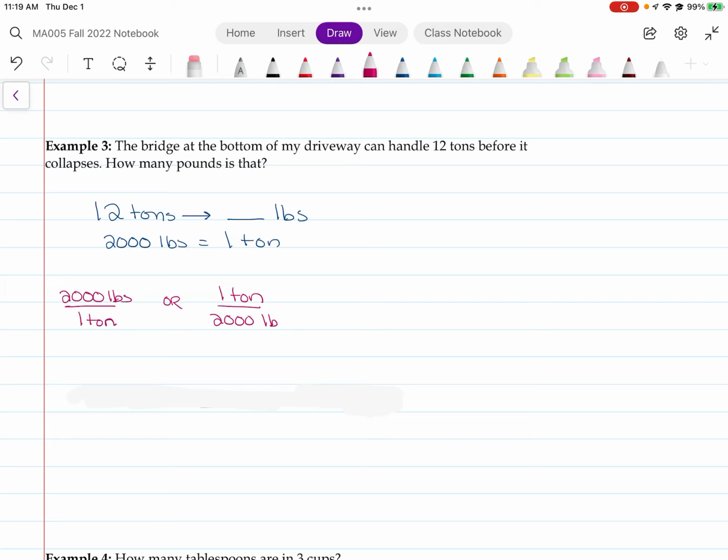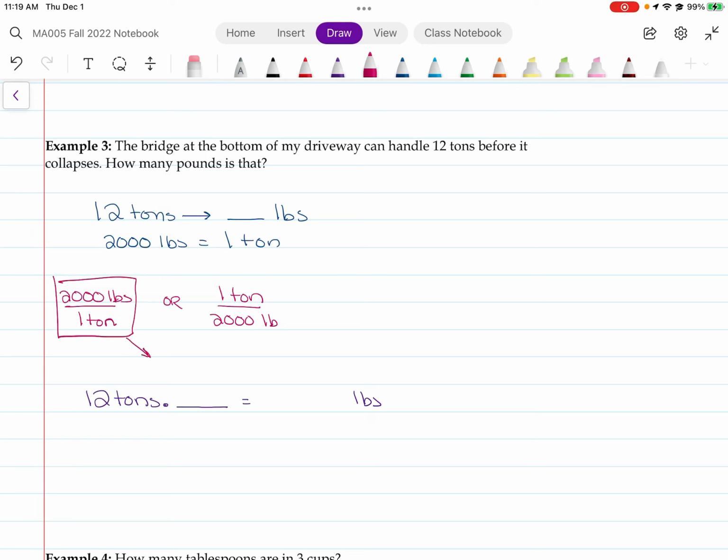Now we need to set up our equation to fill in the blanks. So we've got 12 tons times some factor equals how many pounds? Which one are we going to use? I want tons to cancel out, and I want pounds to be left on the top. So that is going to be this one.